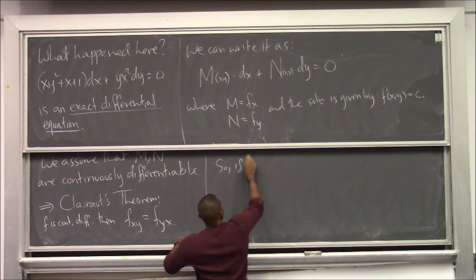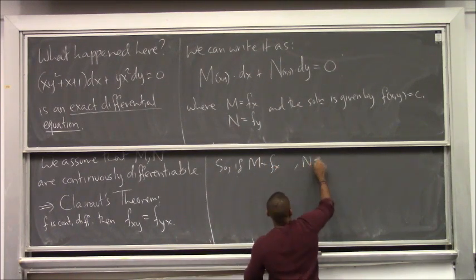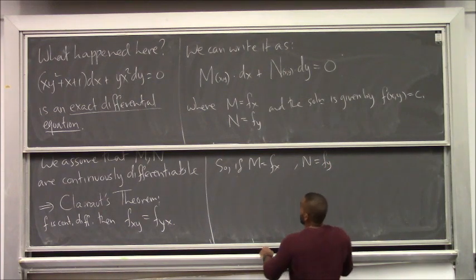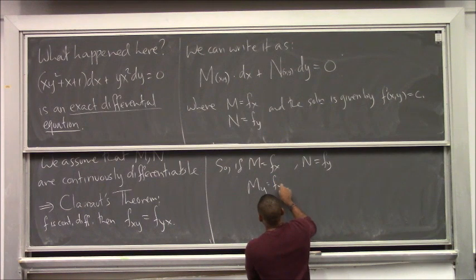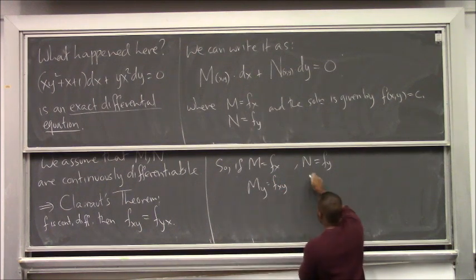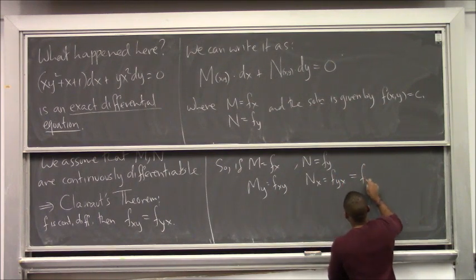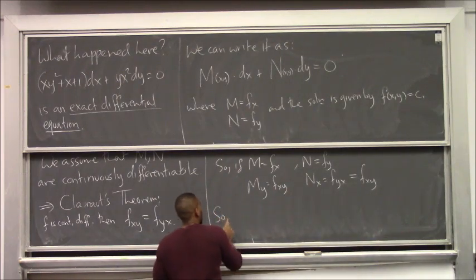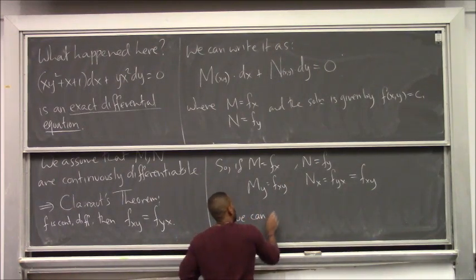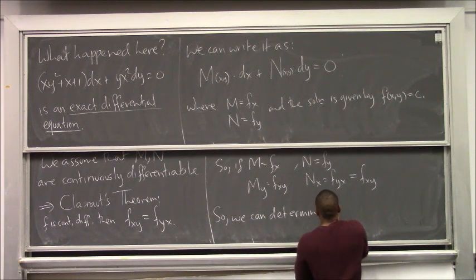So, if your M is the partial with respect to x of something, and your N is the partial with respect to y of something, then you can find the partial of this with respect to y. That'll give you f_xy. And then the partial of this with respect to x will give you f_yx. But it turns out that that should be equal to f_xy. I just want to make sure my notation is correct.